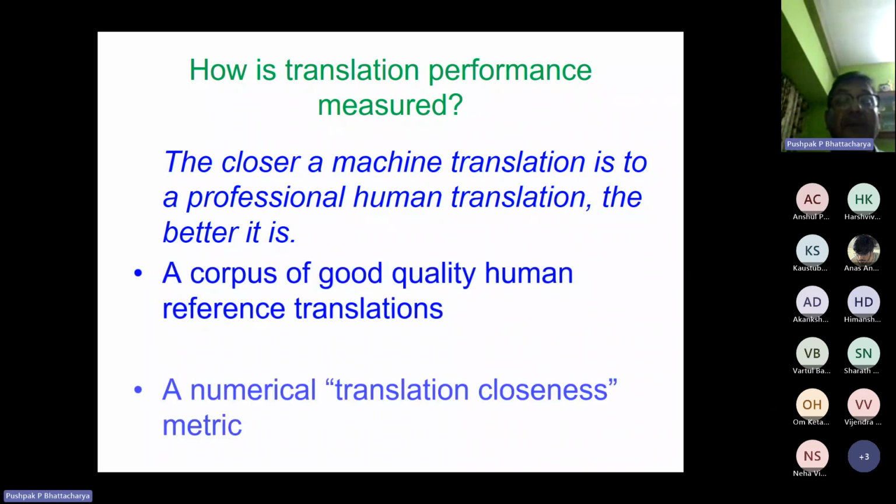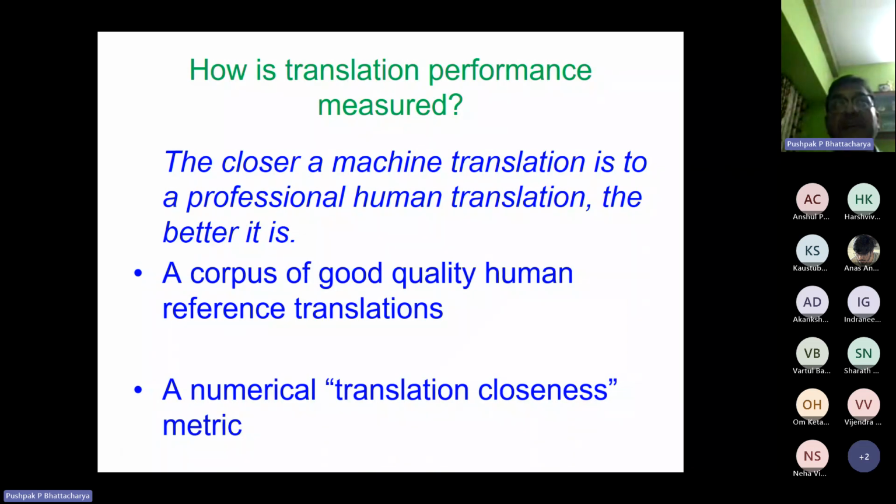So a corpus of good quality human reference translations is created. As you can see, this also requires time, energy, and money because human labor is involved. So in the Bhashini project, of which we are a part again, we have created 1,000 test sentences. Okay, and we call them a test corpus with buckets. So first of all, we have taken these test sentences and created buckets.